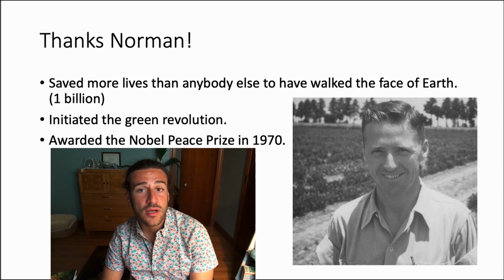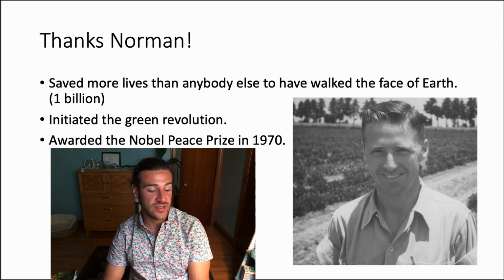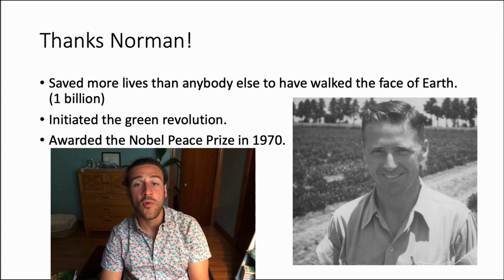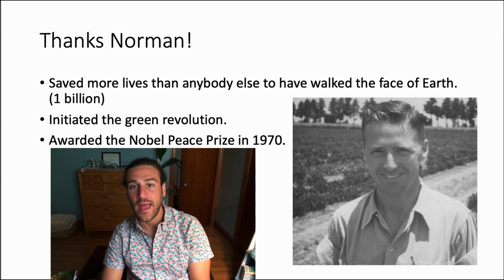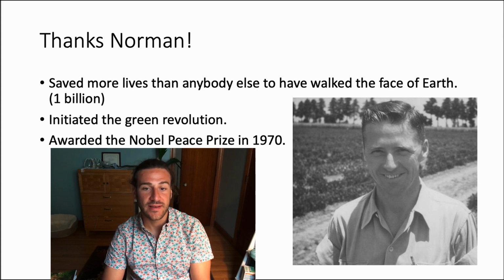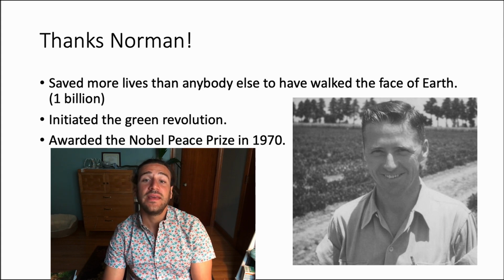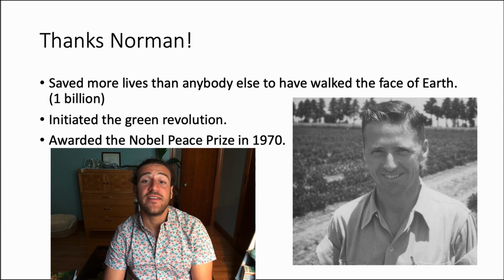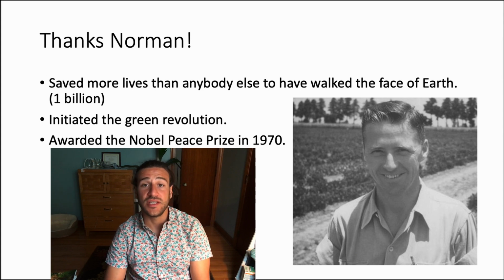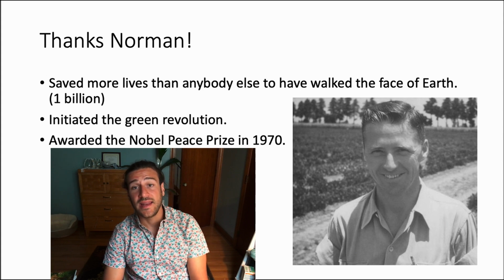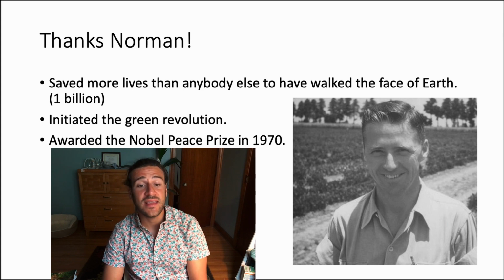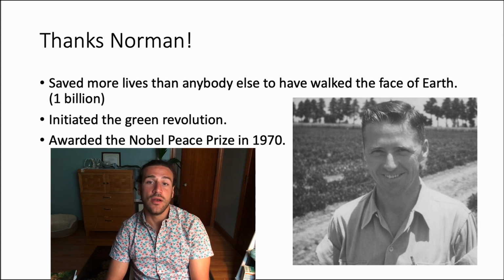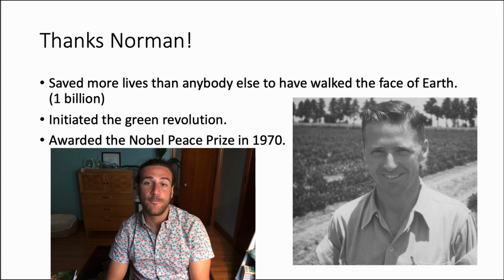All in all, Norman Borlaug is said to have saved more people than anybody ever on this planet. 1 billion people he saved from starvation. He initiated the Green Revolution, and finally in 1970, he was awarded a Nobel Peace Prize.